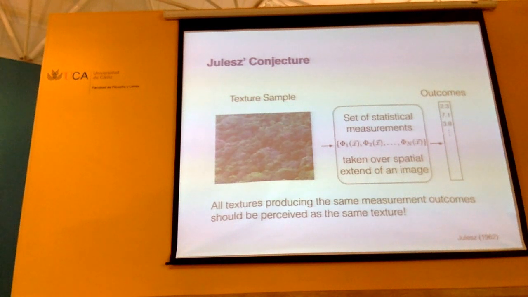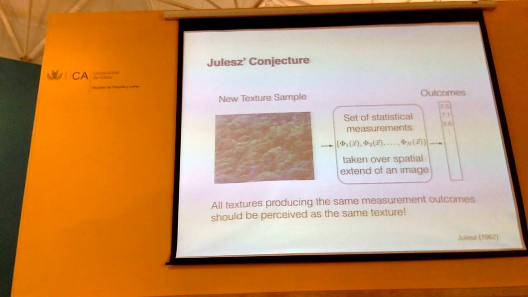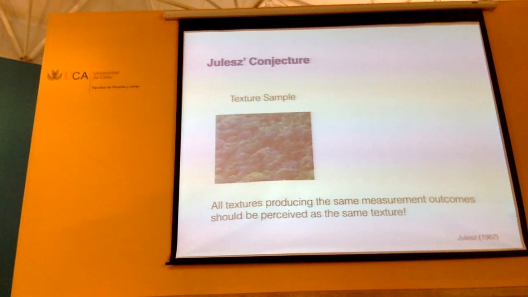That means, say we specify certain summary statistics and we have a certain outcome. Then if we have a new texture of the same type, it should generate the same outcome.